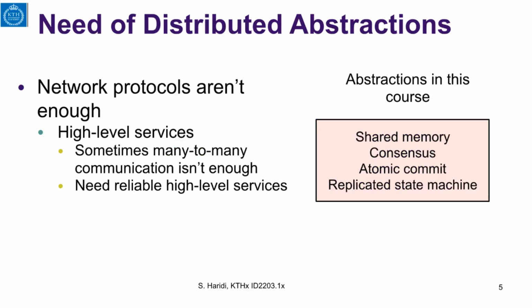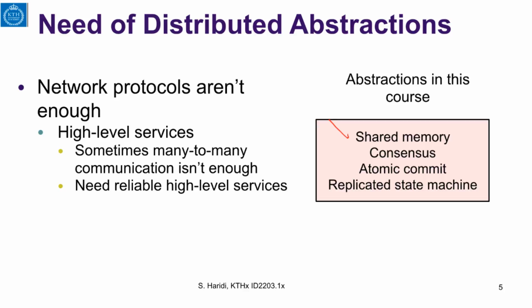There are also other types of abstractions that we need to build distributed applications, not only communication abstractions. For example, in many applications, we would like to provide over a distributed system a distributed form of shared memory.